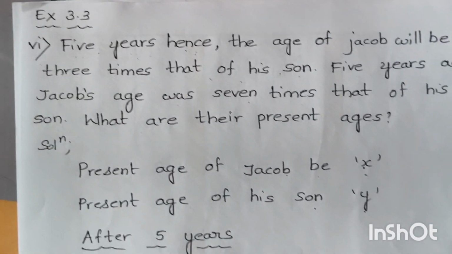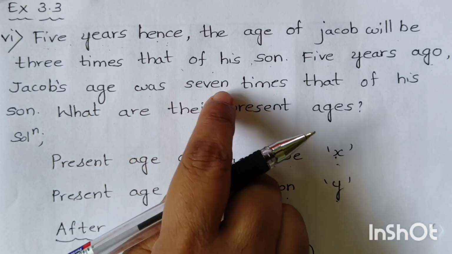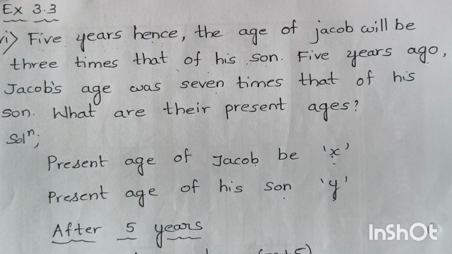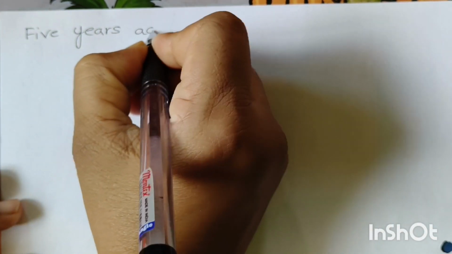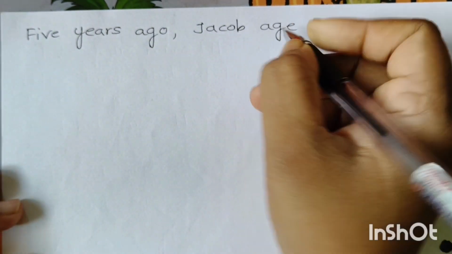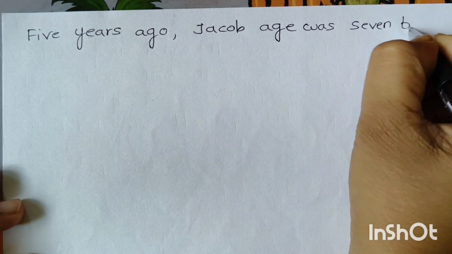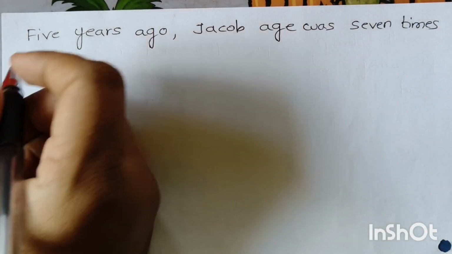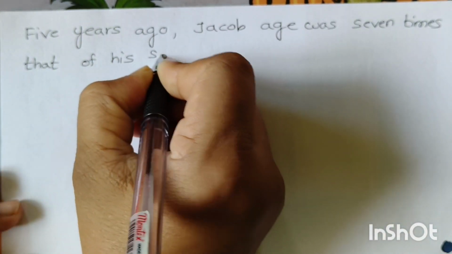Look at the question and read the second sentence. 5 years ago, Jacob's age was 7 times that of his son. For this, let us write the equation now. 5 years ago, Jacob's age was 7 times that of his son.